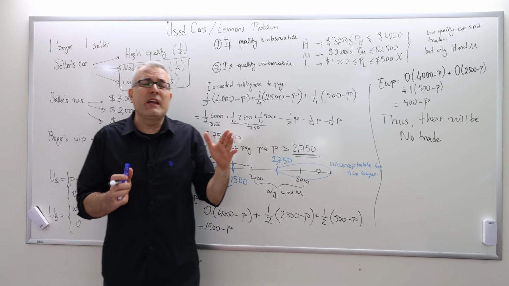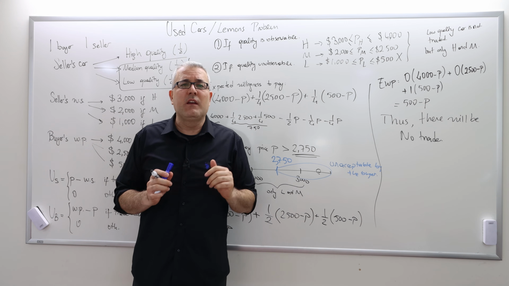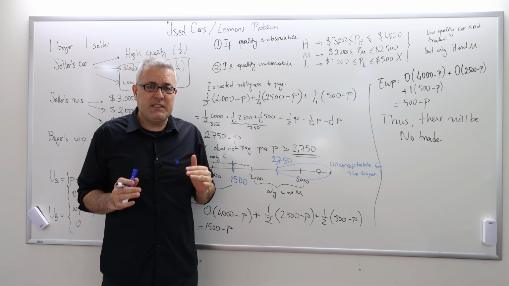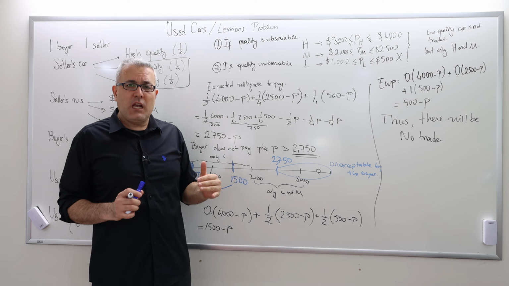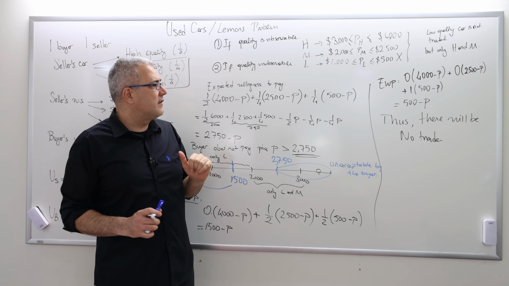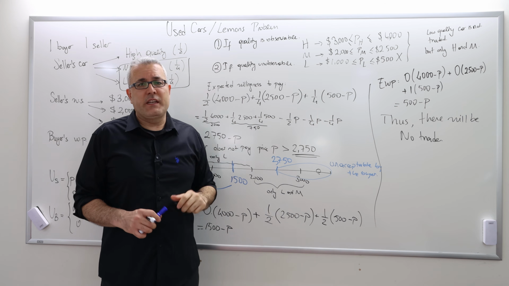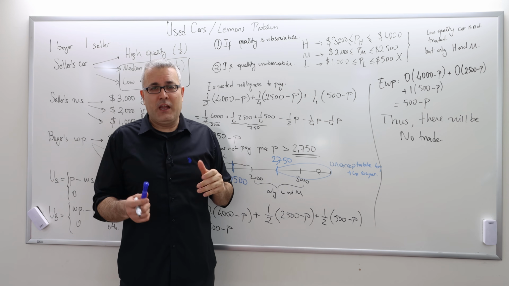And so they're not going to make any agreement about a satisfying price, and so there's going to be no trade. So therefore, it's an inefficient outcome. I hope that was clear.